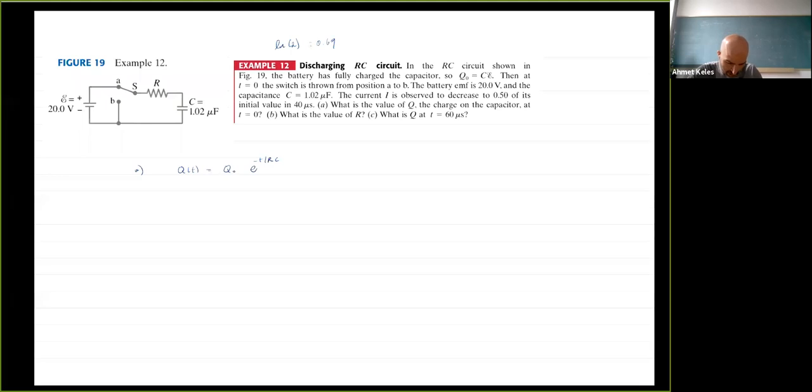And we know Q0 is the maximum charge it can get when the battery is connected, and we found it as E times C. If you want to think about this, when the capacitor reaches the maximum while connected to the battery, there will be no current because the capacitor reached the maximum.